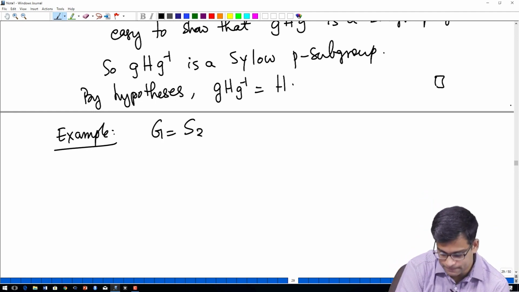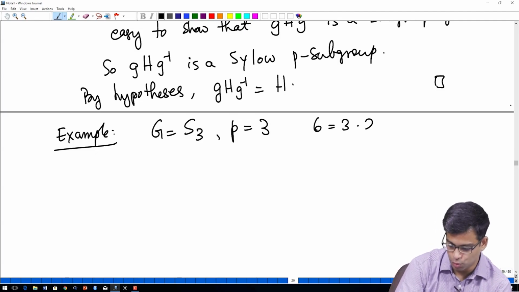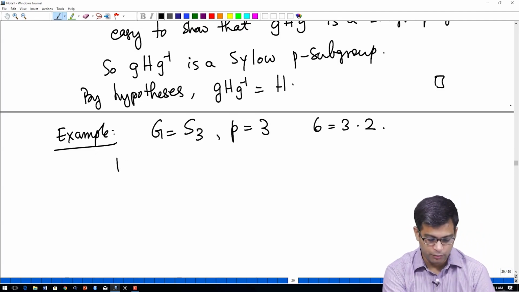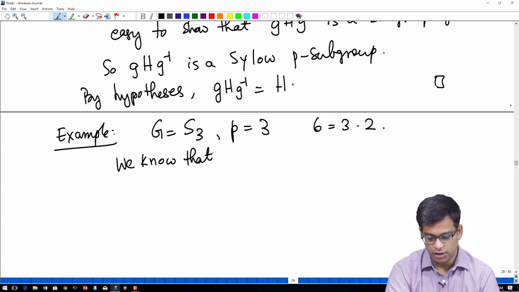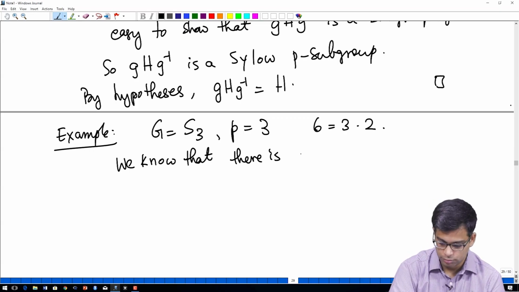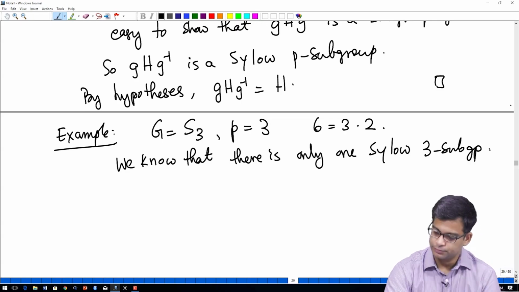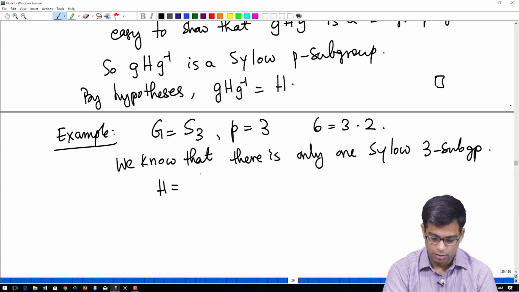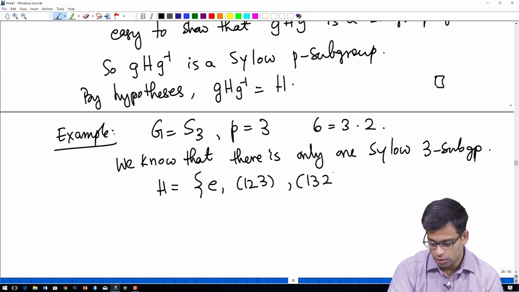If you take S3 and p to be 3, so 6 is 3 times 2, and I mentioned this earlier, we know that there is only one Sylow 3 subgroup, namely H = {e, (123), (132)}.